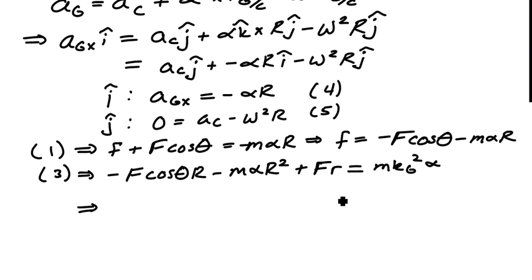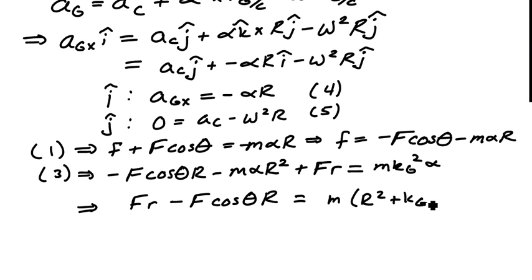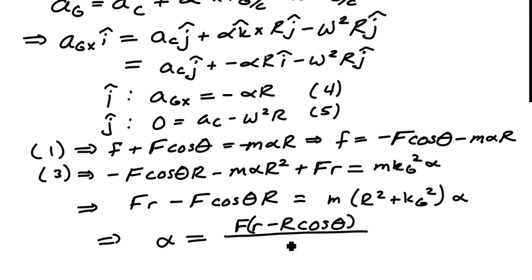Well, moving like terms to the right side, F times r minus F times the cosine of theta times big R is going to equal m times r squared plus k_G squared times alpha, which means that the angular acceleration alpha is going to equal F times little r minus big R times the cosine of the angle theta, divided by m times quantity r squared plus k_G squared. And if we want to make this in vector form, we can simply append the k.